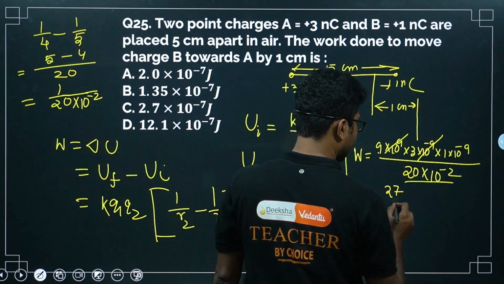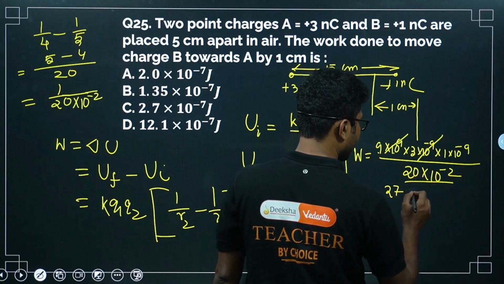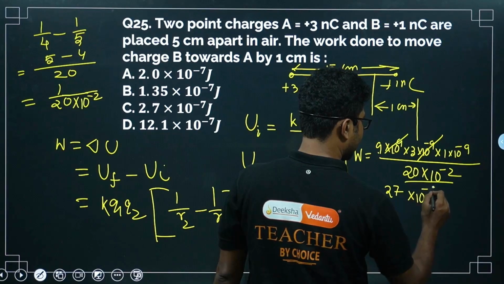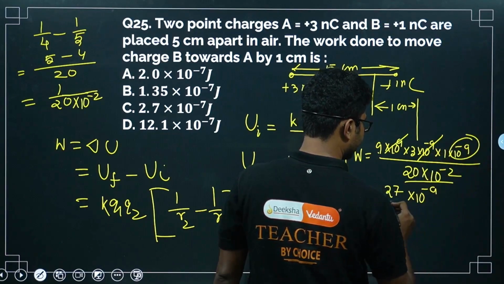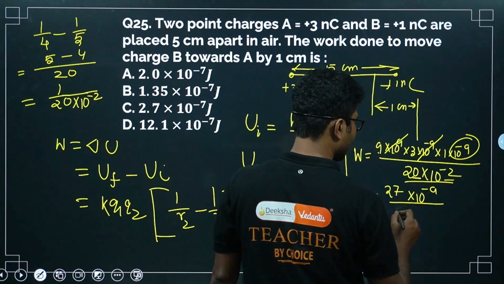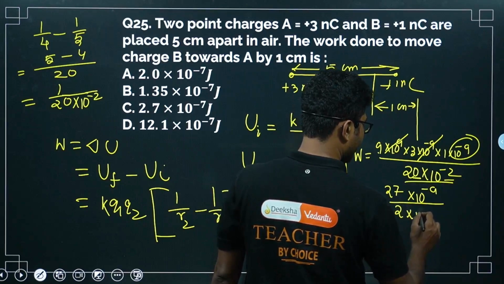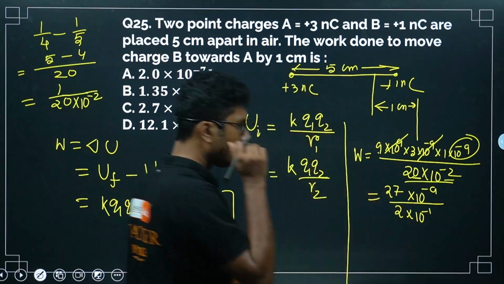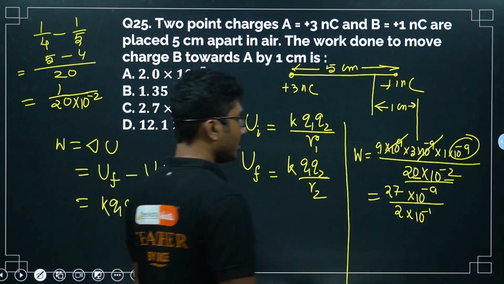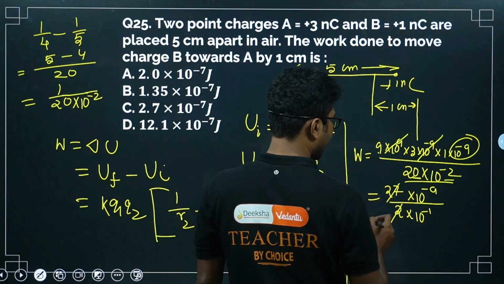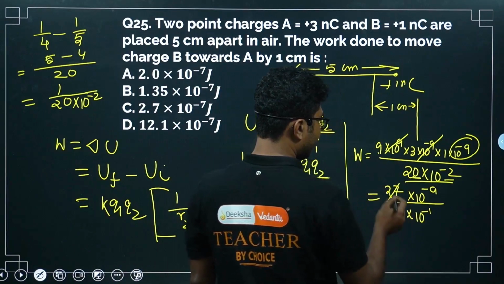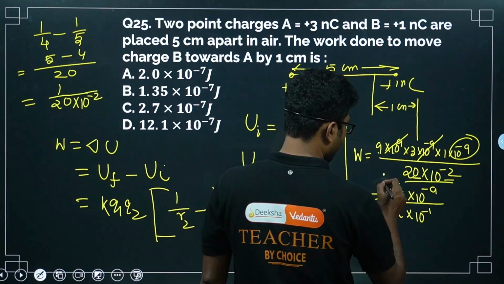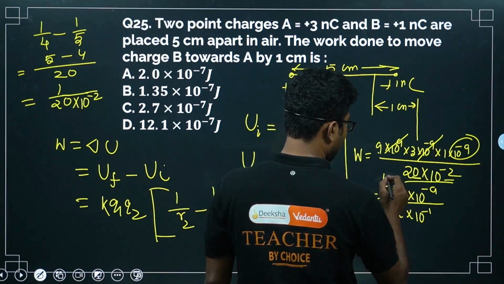Now if you see here, we can reduce one zero. 10 to the power of minus 9, this 9 will stay. Here we can reduce one zero. So 2 times 10 to the power of minus 1. Right? Now if you cancel this, you will get 27 by 2, which is 13.5.